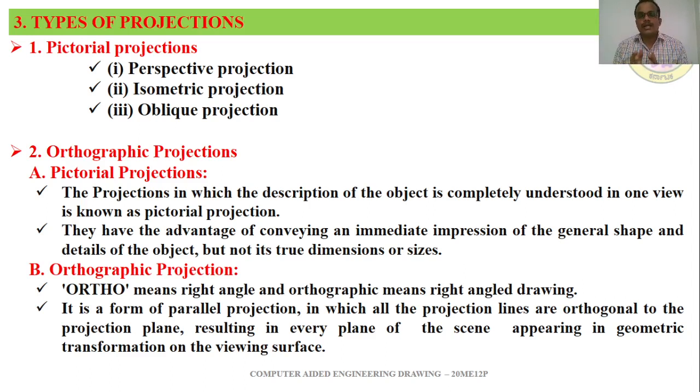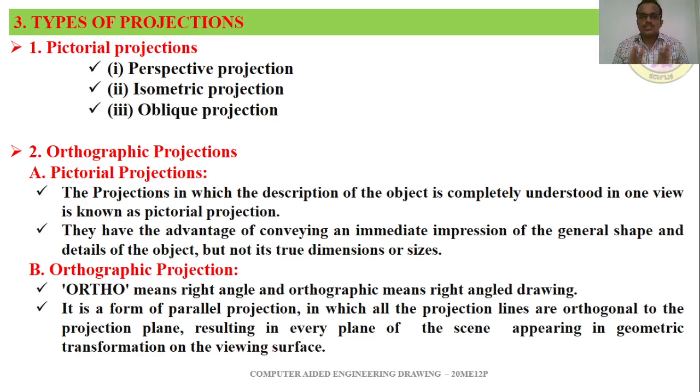In order to understand in a very simple manner, ortho means right angles. So orthographic projection, which generally means right angle drawing, means we are taking the views we are observing, the size and shape of the object, at right angles to the viewing plane, and that will be projected on the projection plane.